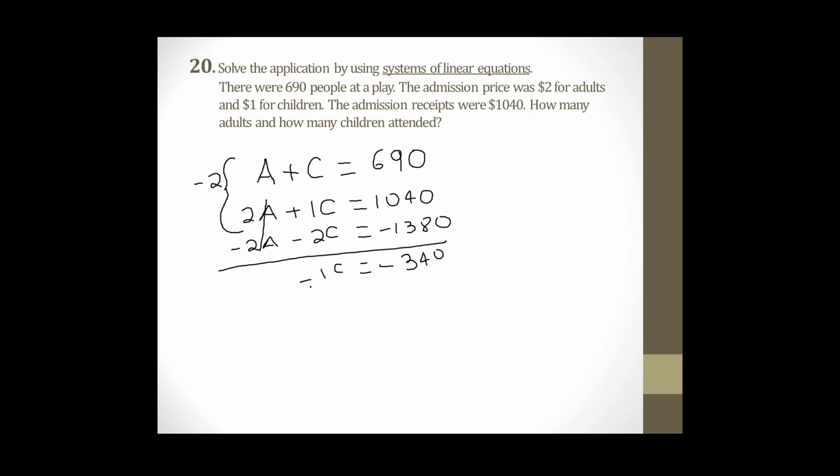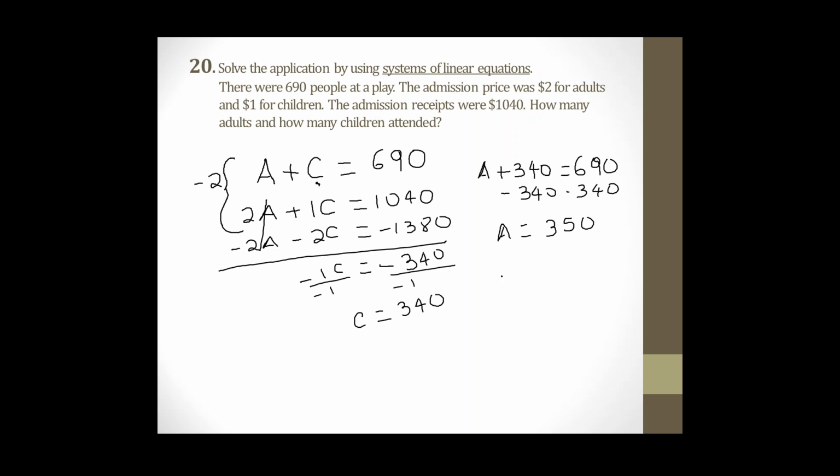I have this negative here, divided by -1. All right, so there were 340 children that attended. Now I could go back and plug my C right here. So I'll have A plus 340 equals 690. If I'm solving for A, I'm going to have to eliminate this 340 by subtracting it from both sides. So there were 350 adults. So adults and children.